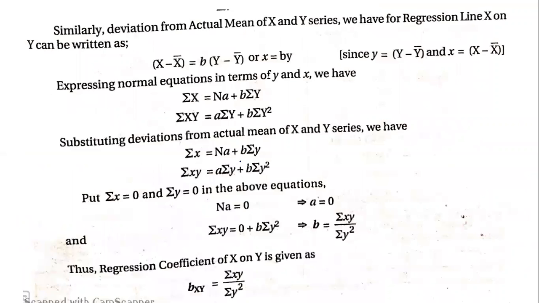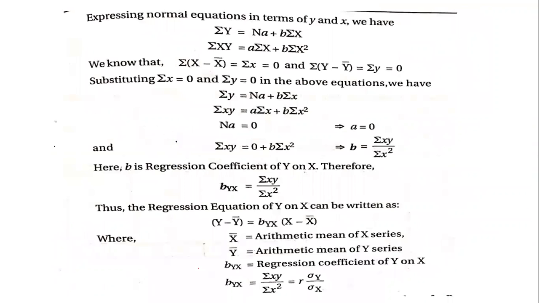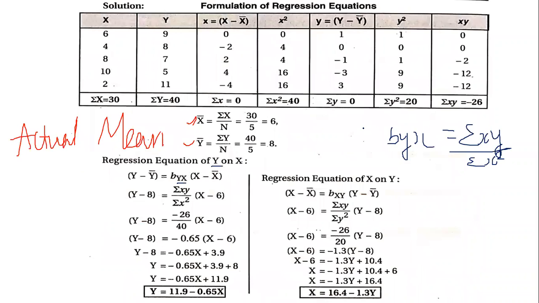Okay, so if you remember this part here, sigma xy by sigma x square. Only here it is ulta. First is y, but here we are doing it as x square. Okay, so byx value is nothing but sigma xy by sigma x square. So we got the formula.